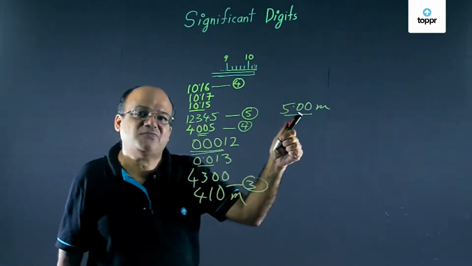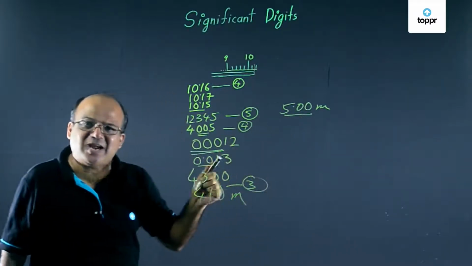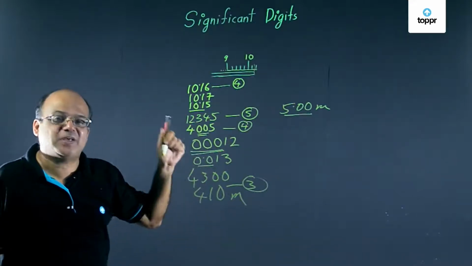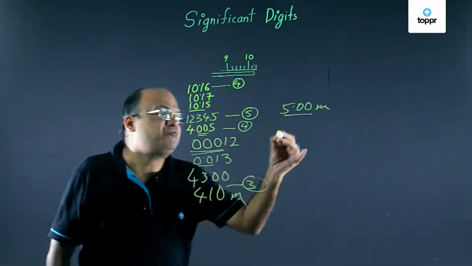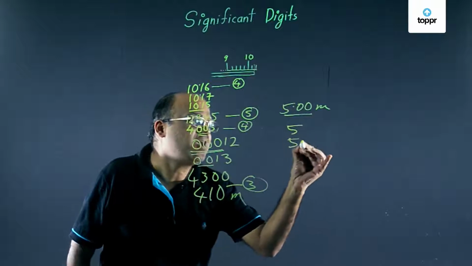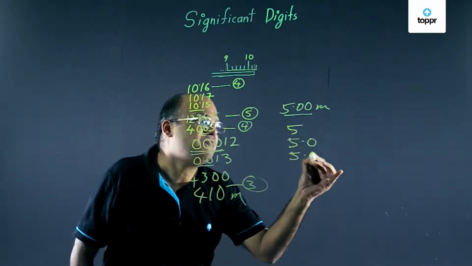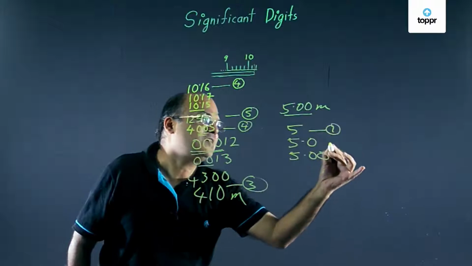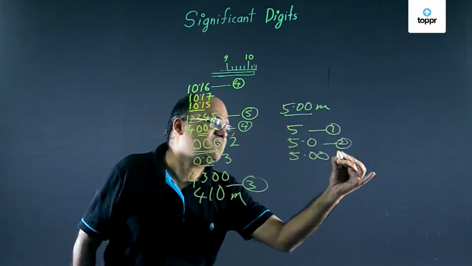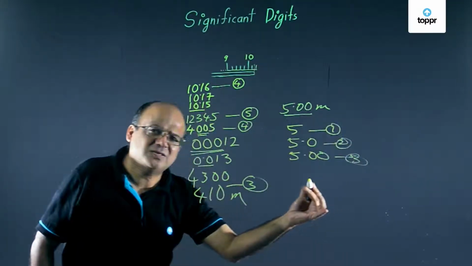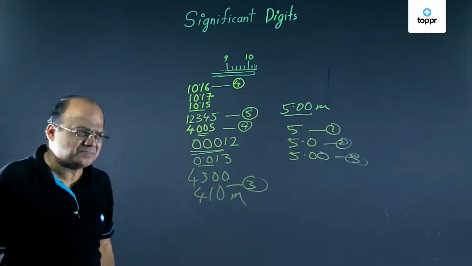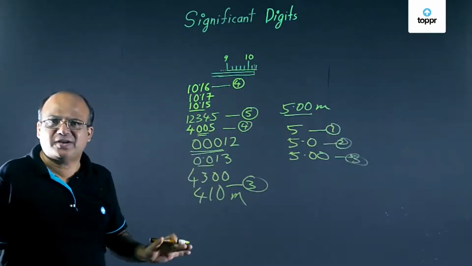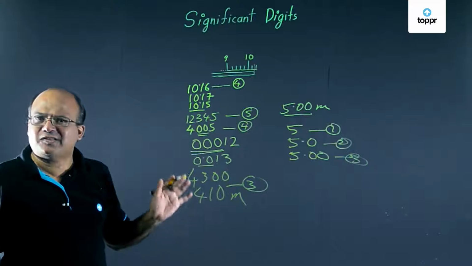These zeros are significant. So please understand that zeros on the right are significant if the number has a decimal point. So 5 is different from 5.0, is different from 5.00. This has got 1 significant digit, this has got 2 significant digits, this has got 3. Right? So zeros on the right are significant if the number has a decimal point.